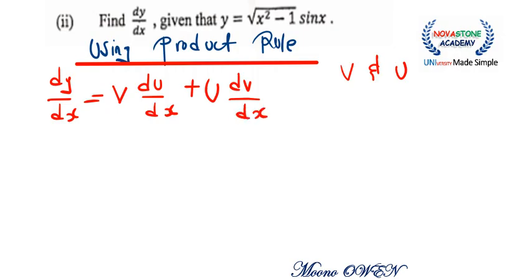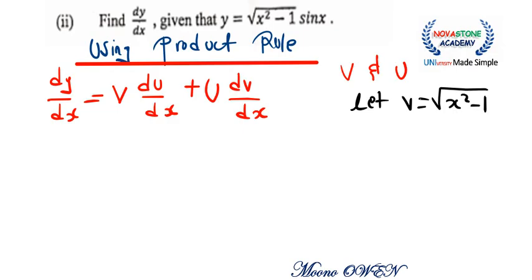Okay, now we can decide what we want to be v and what we want to be u. We're going to let v be equal to the square root of x squared minus 1.